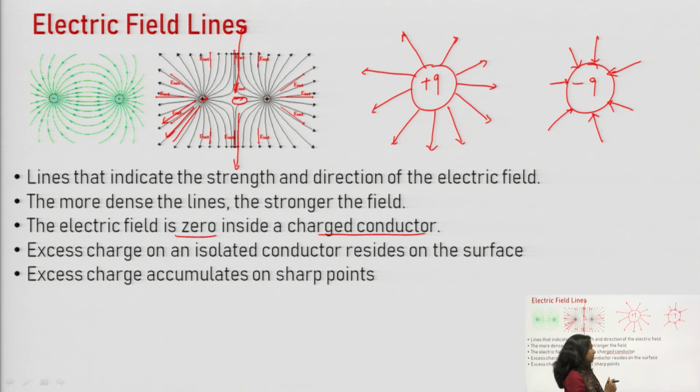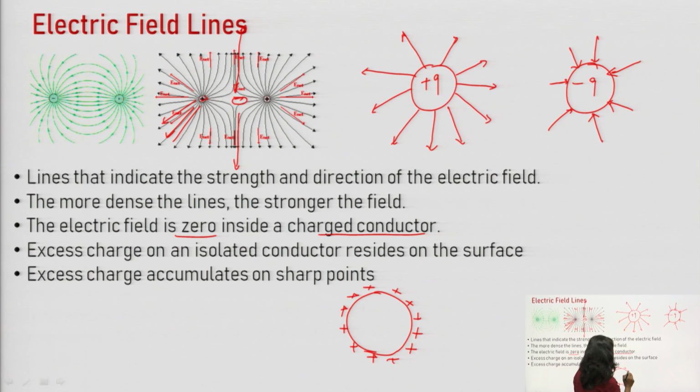If a conductor is isolated, then all the excess charge will reside on the surface of the conductor, meaning whatever charge this body has, it will appear on the surface only. If it is hollow, then all the charge will appear at the surface only.